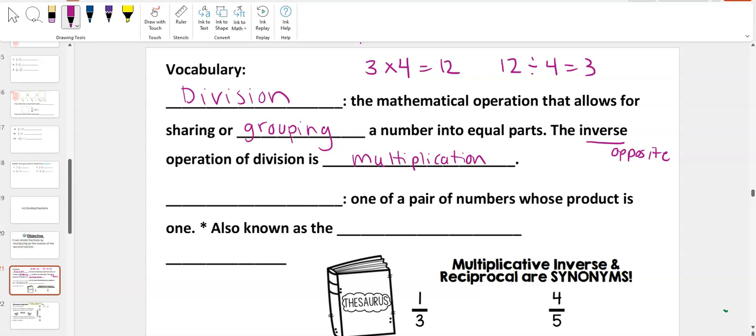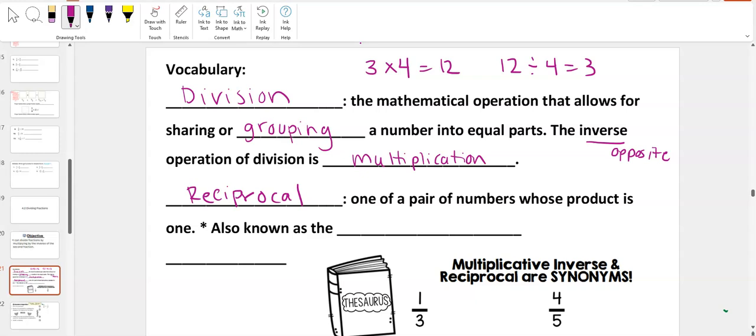Okay, so here's a new word. It says one of a pair of numbers whose product is 1. It's also known as blank. So this new word that you may not have heard of is reciprocal. The reciprocal of a number is one of the pair of numbers whose product is 1.